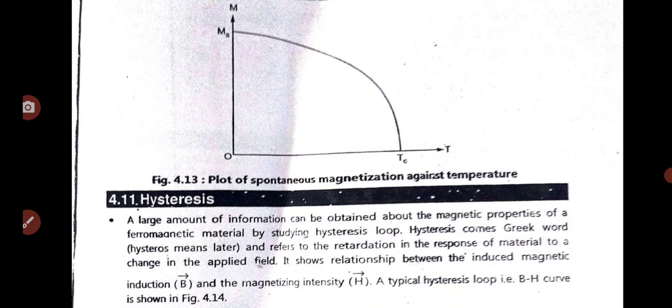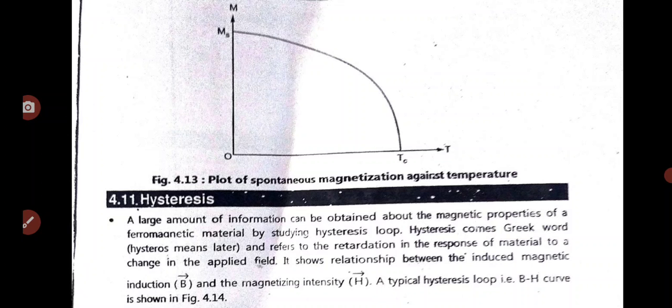In this plot of spontaneous magnetization, the horizontal axis is the range of temperature and the vertical axis is the magnetization. If the temperature is low, the substance is a ferromagnetic material with high magnetization value, and if we increase the temperature, the magnetization suddenly drops to 0, and the material acts as a paramagnetic material.